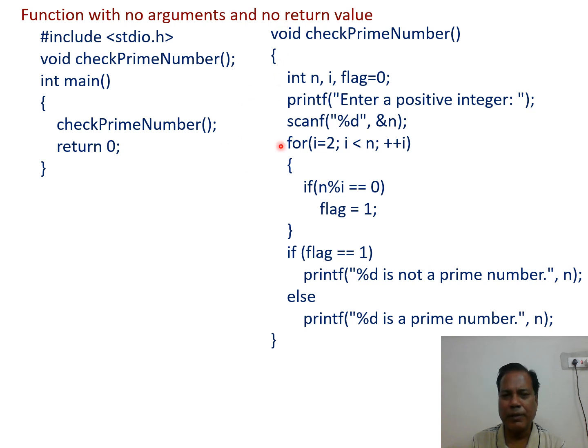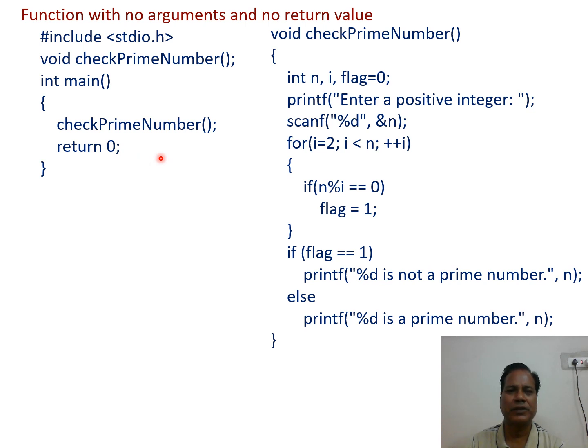After completing its task, control goes to the next statement after where this function was called, and the next statement is return 0. This statement tells the operating system that the program was executed properly.